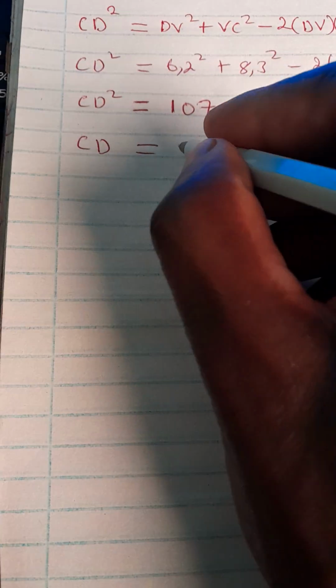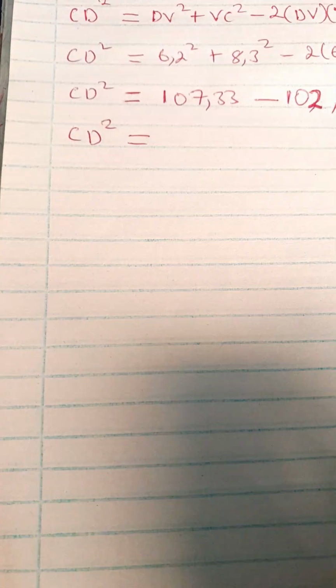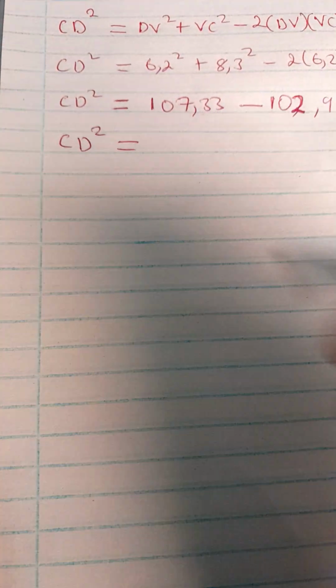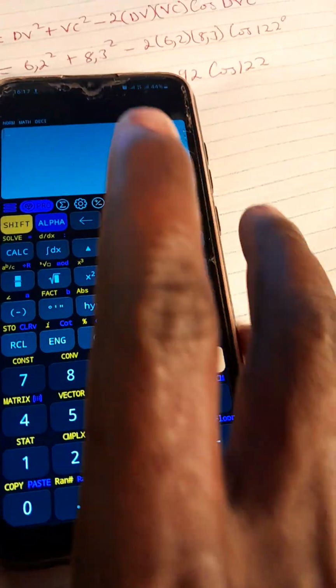What next? We just say CD squared is equivalent to 107.33 minus 102.92 cos 122, as it is.